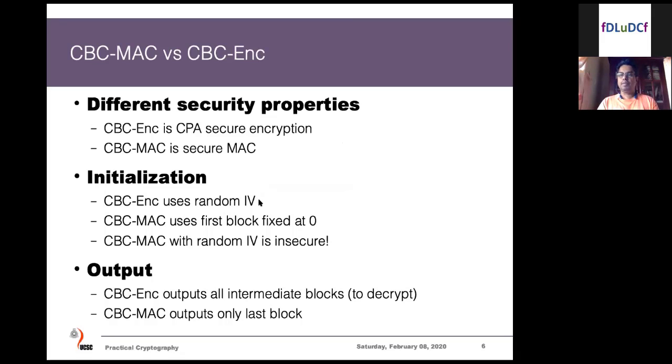But when you apply the same mode for calculation of the message authentication code, the first initial vector is fixed to be 0. We are not taking a random initial vector, because it is insecure.